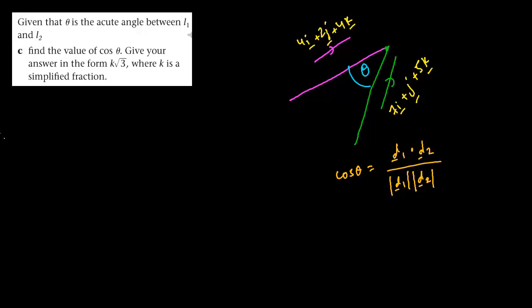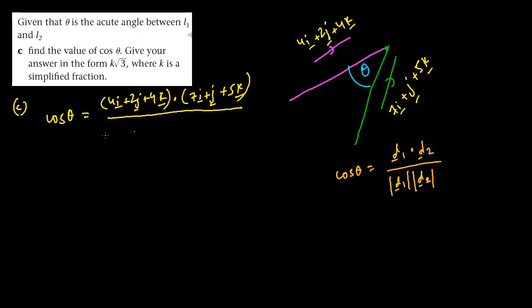So let's do this. cos theta equals 4i plus 2j plus 4k, this is direction vector 1, dot 7i plus j plus 5k, this is direction vector 2, divided by the square root of 4 squared plus 2 squared plus 4 squared, times the square root of 7 squared plus 1 squared plus 5 squared.